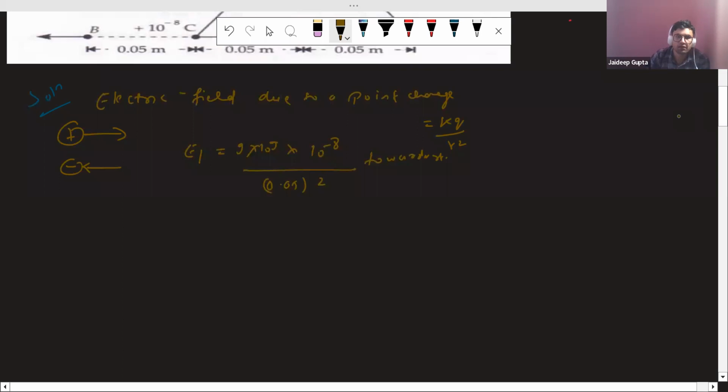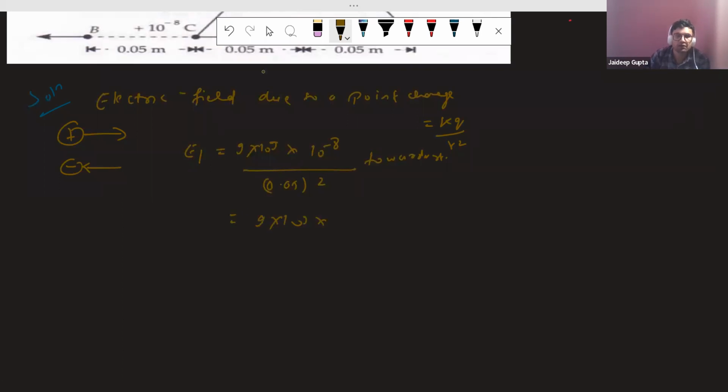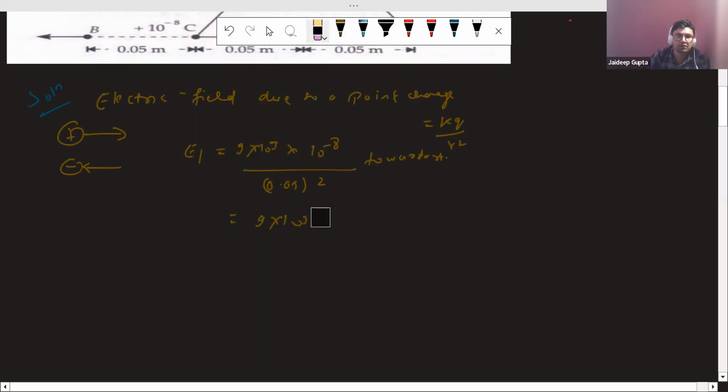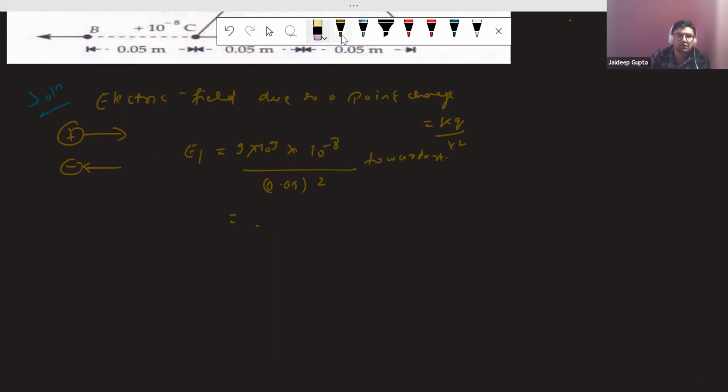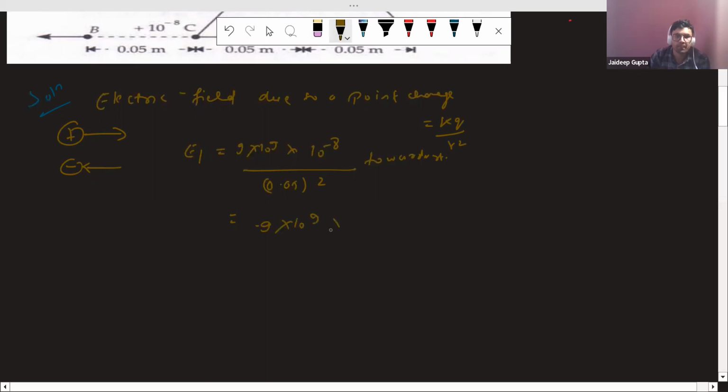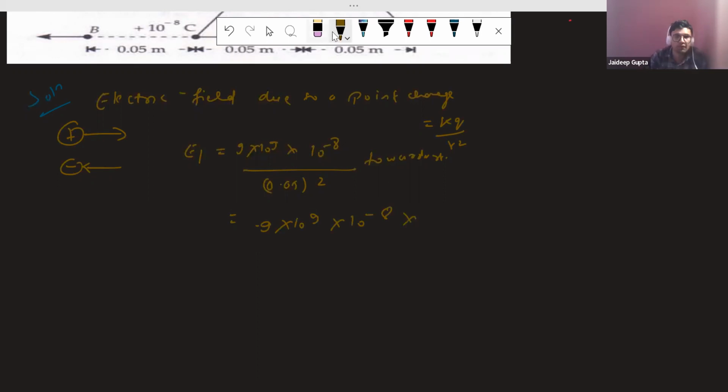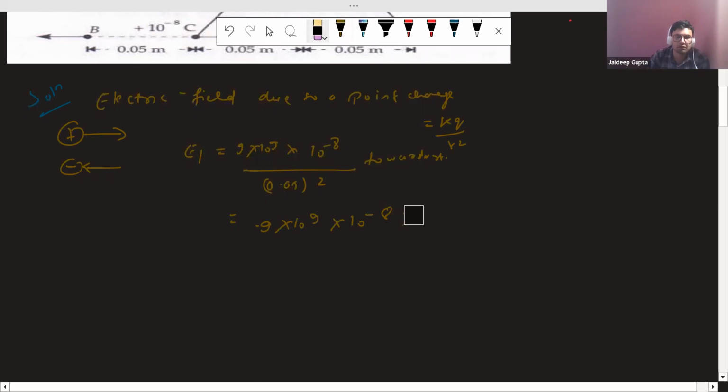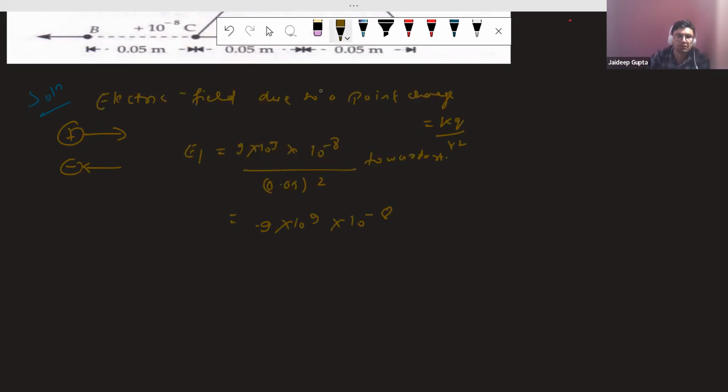Solve it: 9 into 10 to the 9 into 10 to the minus 8, over 0.05 into 0.05.